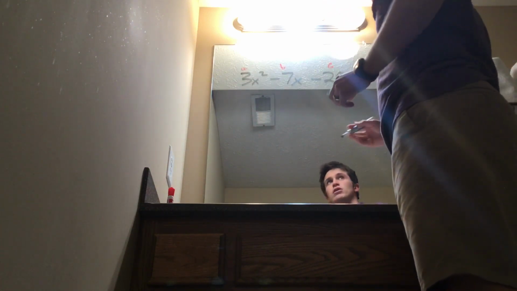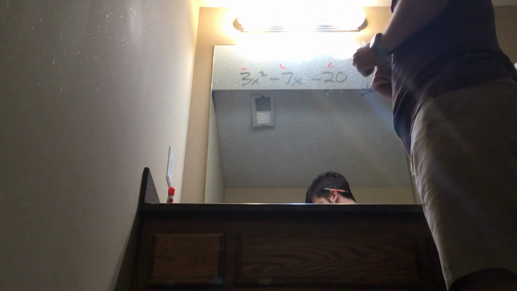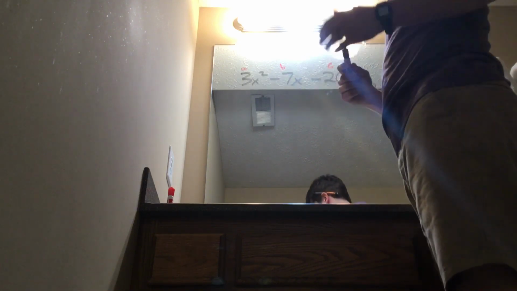So what you want to do when you factor a trinomial is multiply your A value times your C value. That gives you -60. So the trick is, what you do right away is try to think of two numbers that multiply to this -60, and at the same time they add up to -7.